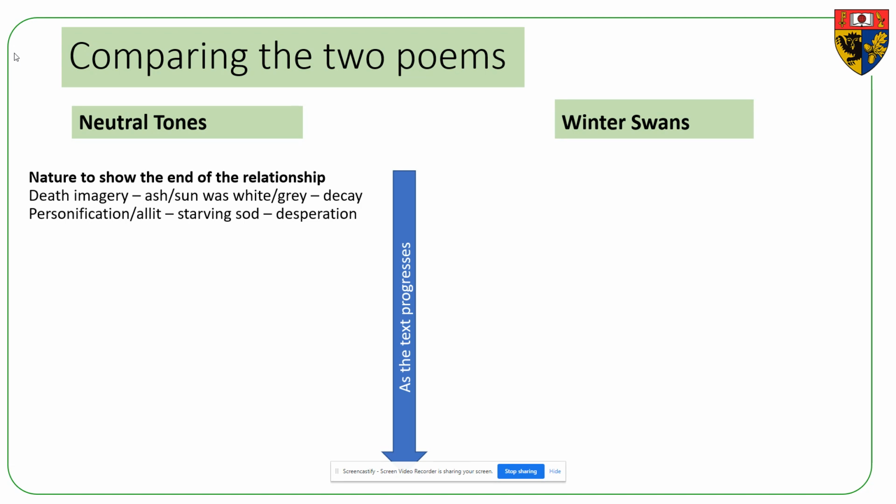Furthermore to that, you've got the personification and alliteration of the starving sod. So he describes the earth below the tree, the earth beneath their feet as they are breaking up. He's personifying the earth to relate to their relationship. The starving sod, the starving soil, it's as if their relationship is lacking something.